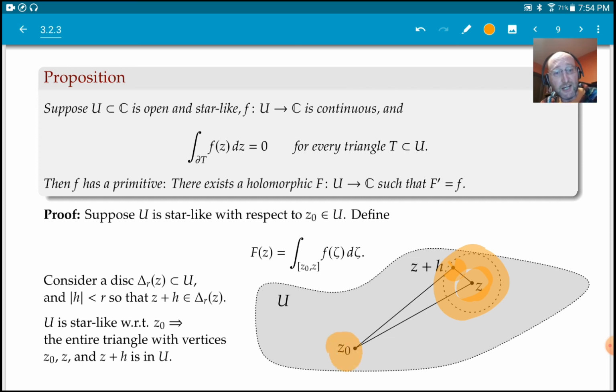Now, Z0 is some given point with respect to which U is star-like.